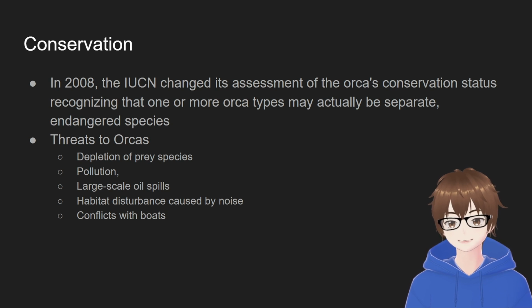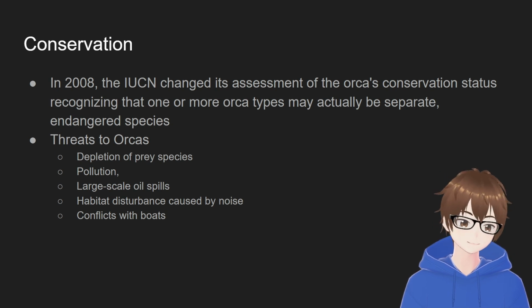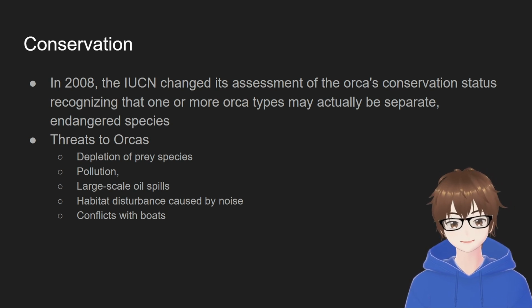They were just saying that orcas are endangered, but they did not look at each different type of orca. So one type could be killed off and they would still have considered orcas endangered, and not completely wiped off the face of the earth.